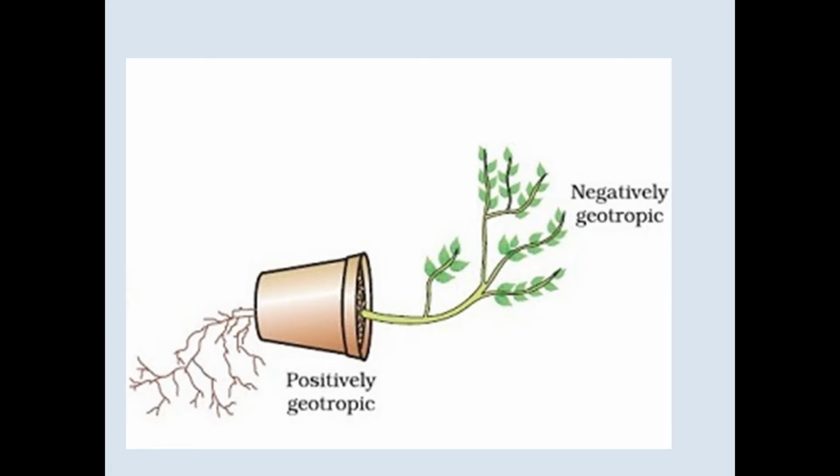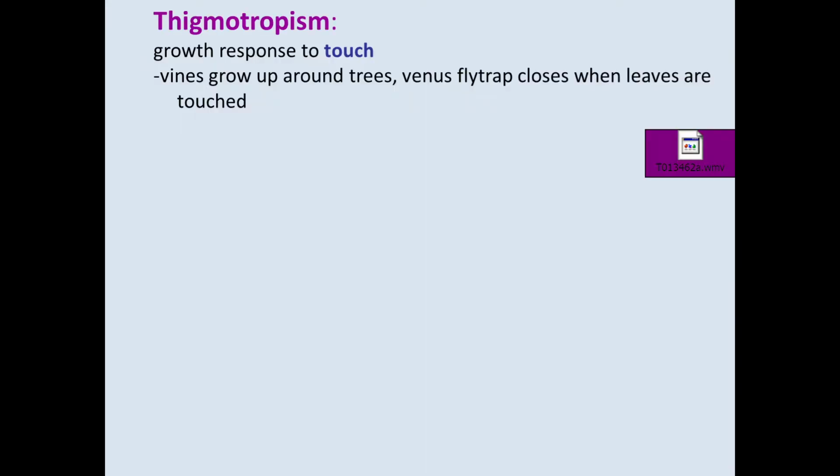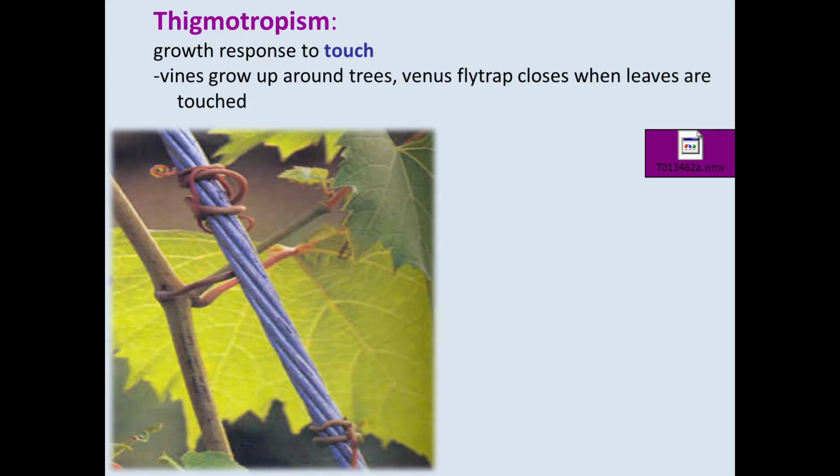The children, what you need to learn here is not only animals, plants also show various kinds of movements. Some kinds of vines like passion fruit and grapes wind around the support. That is a thigmotropic movement.